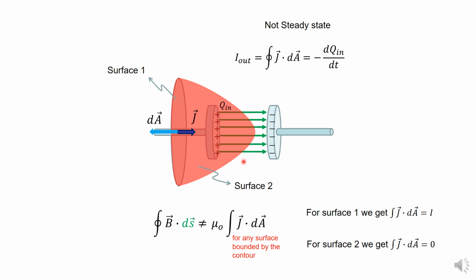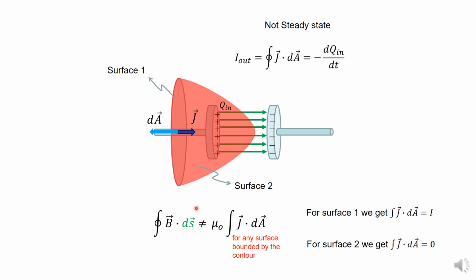There's no conduction current. Conduction current means flow of charges. In the empty space between the capacitor plates, there are no charges passing from this side to this side at all. This is empty space. So if you calculate the conduction current through the curved surface, you get 0.